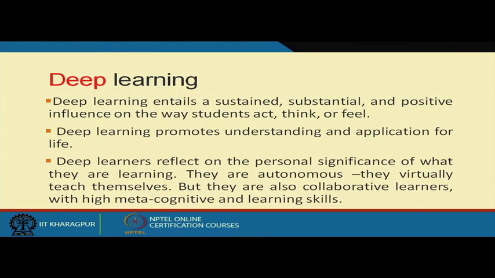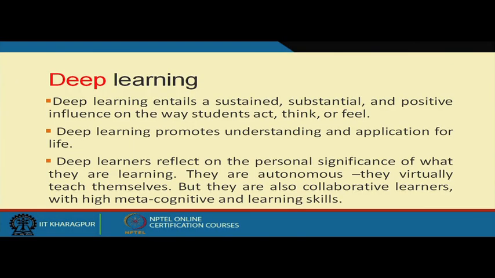Deep learners reflect on the personal significance of what they are learning. They are autonomous, they virtually teach themselves. The deep learners think, what I am learning, these things I learned, okay, where can I apply them? They are thinking on this, and automatically, as if they virtually teach themselves.